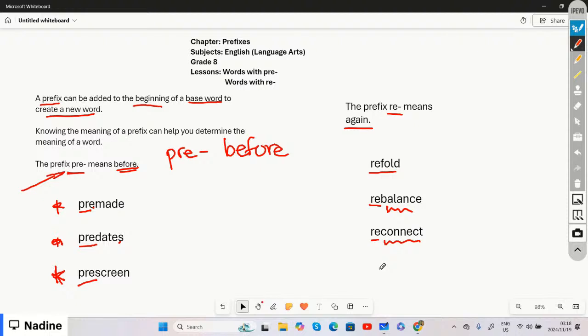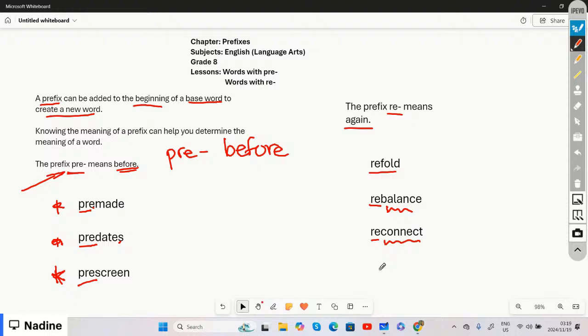So once again, a prefix is a word part that we add at the beginning of a base word. And a base word is a word that can stand on its own. Once we add the prefix at the beginning of a base word, that is to basically create a new word. And knowing the meaning of your prefix, like pre or re, and we're going to learn about more, will help you to determine the meaning of a word.